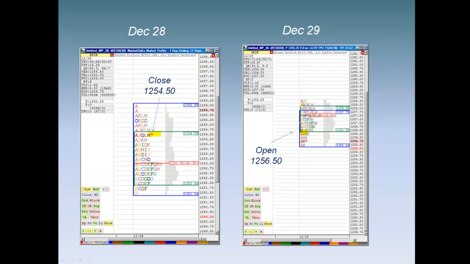TPOs are very important, and they help us understand who's in control and how far out is trade facilitated and how big of an area do we have for traders to maneuver in. The larger and the wider the range, the more conviction in the market in terms of direction.